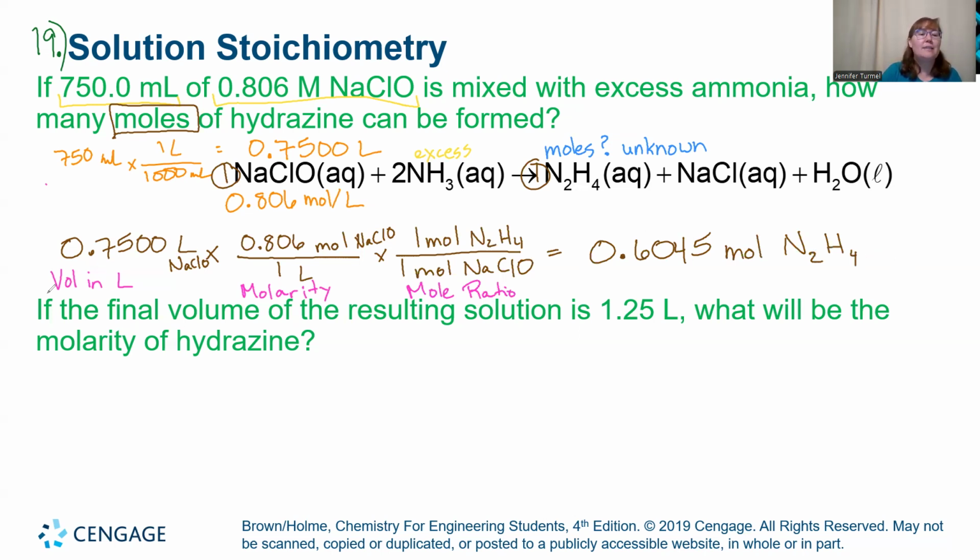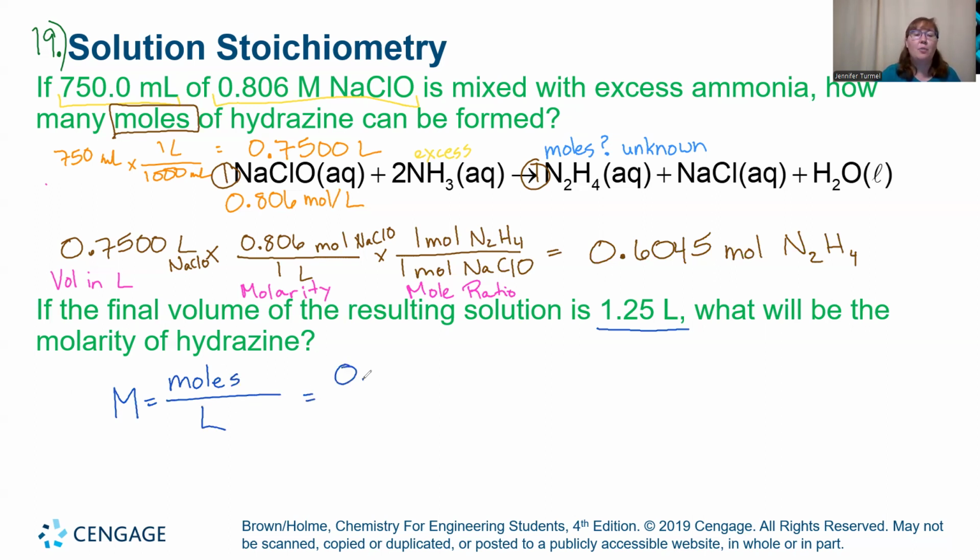All right, so now our second piece here is saying if the final volume of the resulting solution is 1.25 liters, what will be the molarity of the hydrazine? With this, I'm going to remember the equation from chapter 3 that molarity is equal to moles over my volume in liters, or my liters of solution.